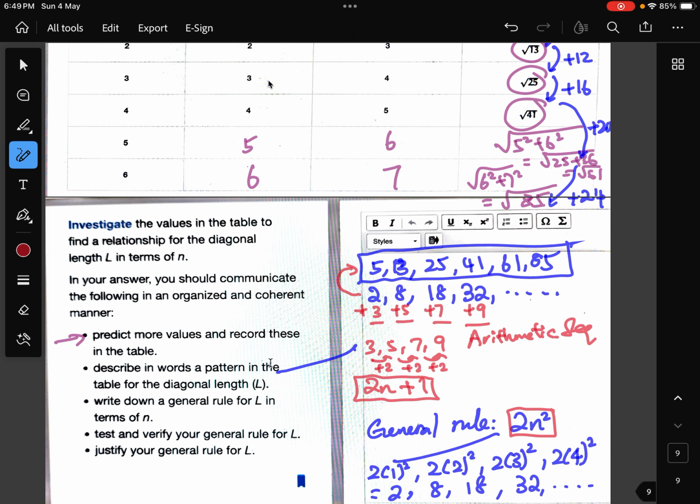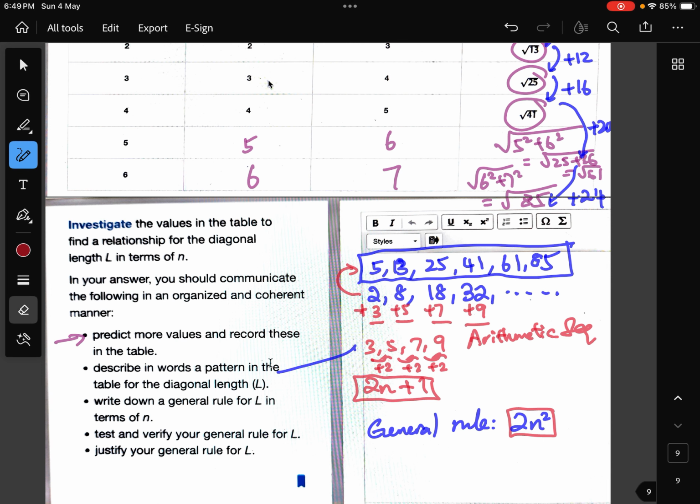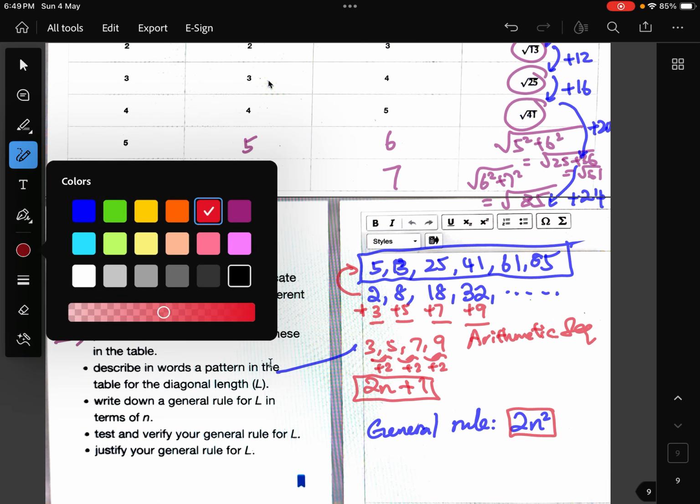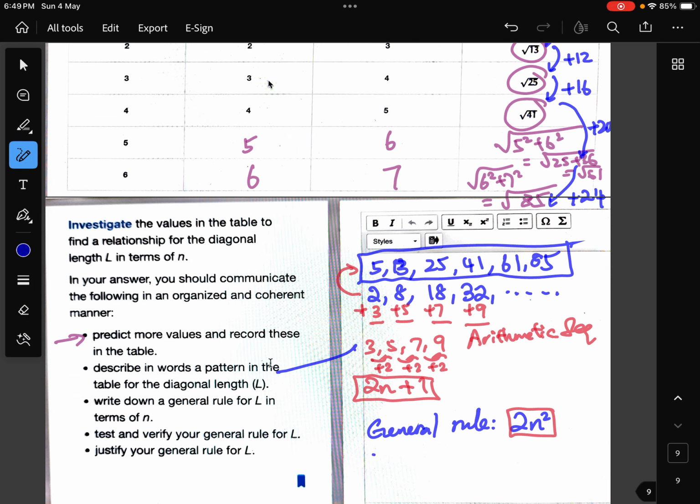Okay, and so when I put everything together, the general rule in this case would look something like this: 2n squared plus 2n plus 1. So this would be the general rule for this set of numbers here, which is 5, 13, 25, 41, 61, and 85.